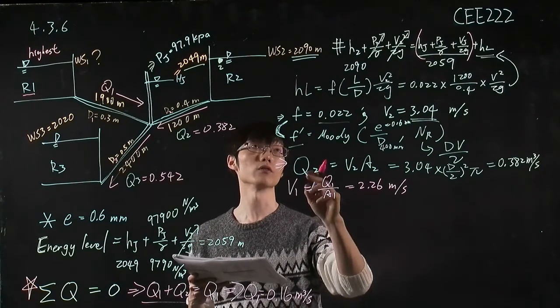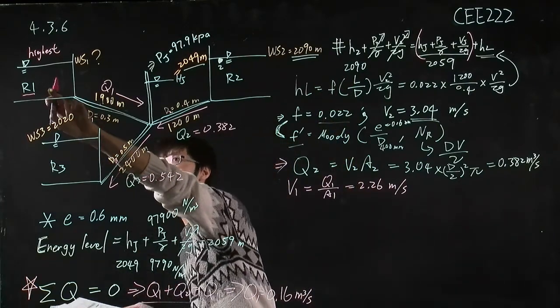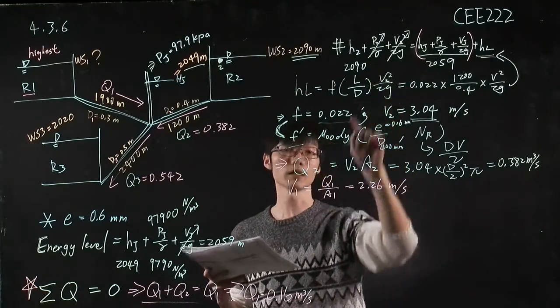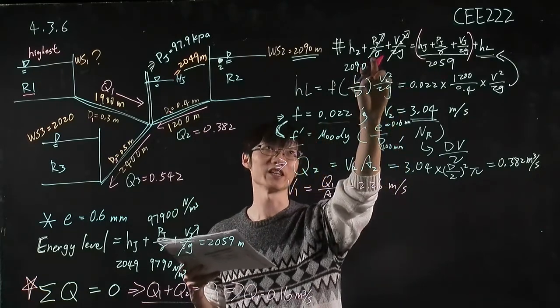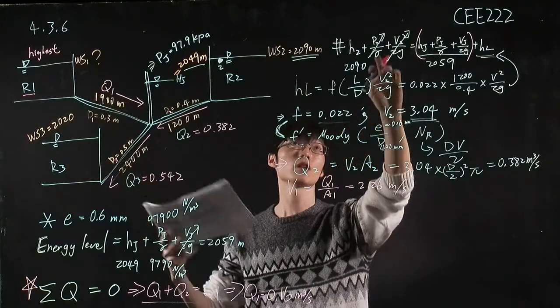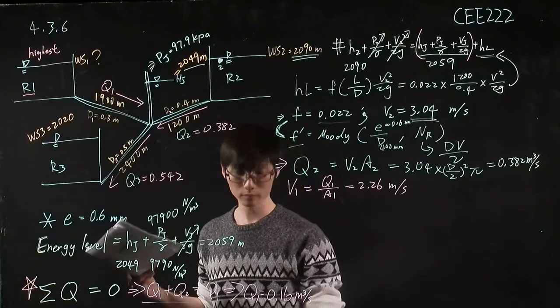Then similarly, we can use the energy balance equation for reservoir 1 and the junction. As we showed here already, because this is a reservoir with an open surface, P is equal to 0 and V is equal to 0.